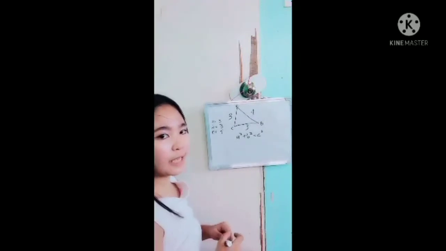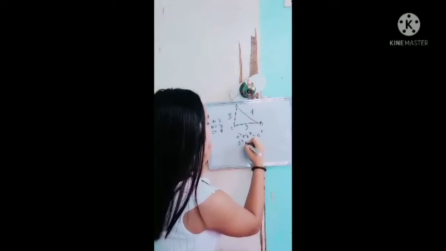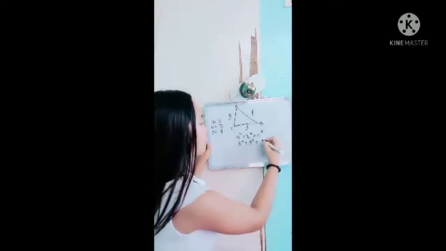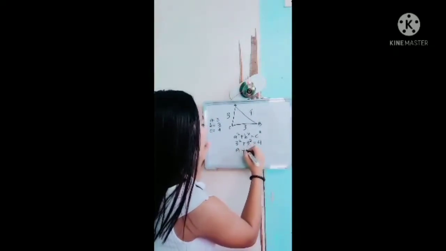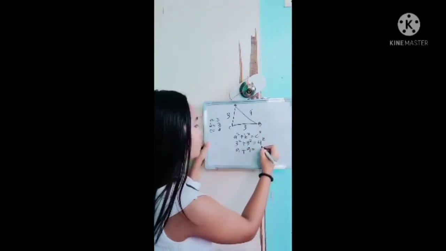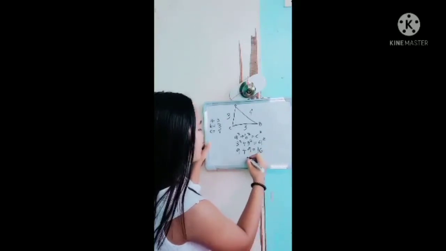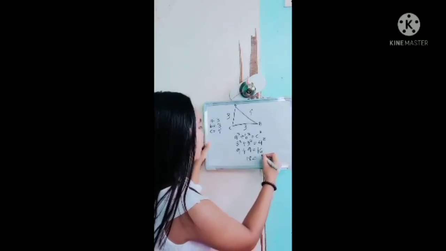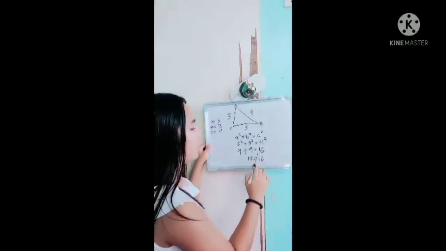Substituting the given, A is equal to 3, side B is equal to 3 also, and our hypotenuse is equal to 4. 3 squared is equal to 9, plus 3 squared is equal to 9 also, and our hypotenuse, which is 4 squared, is equal to 16. 9 plus 9 is equal to 18, and the square of our hypotenuse is 16. 18 is not equal to 16.